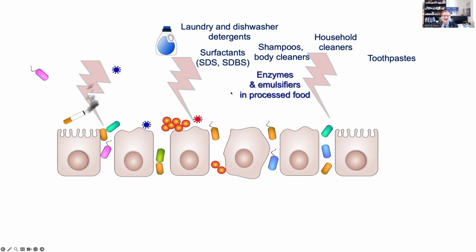The second group is enzymes and emulsifiers in processed food. Processed food entered our lives around the 1980s. When we came to the 2000s, we were seeing that the shelves of the supermarkets were continuously being changed every 7 days, because the shelf life of many foods like pizza or sauces was about 7 days, about 25 years ago.